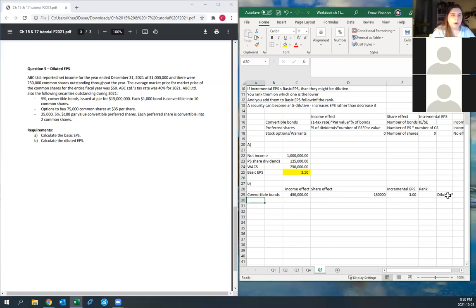Then you have your call option. No income effect. Share effect, how many more shares was I able to buy than if I bought it with the market price? So I put the calculation here, but how I do it in my head is basically I find the dollar value, so $75,000 common shares times $35.